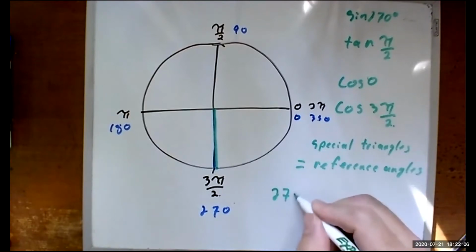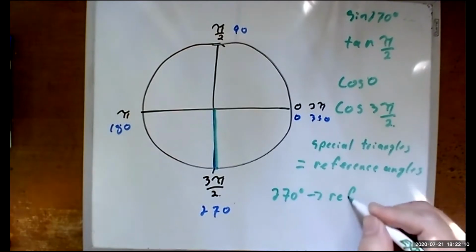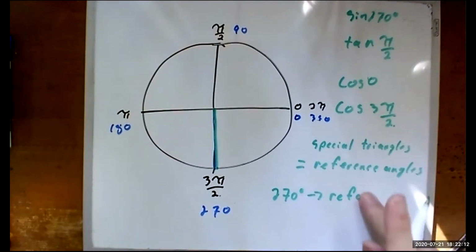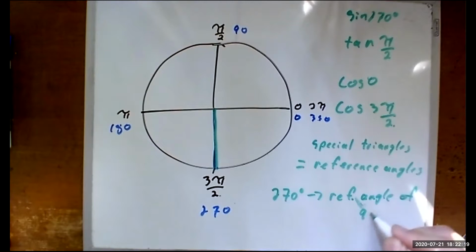So 270 degrees has a reference angle of 90 degrees.